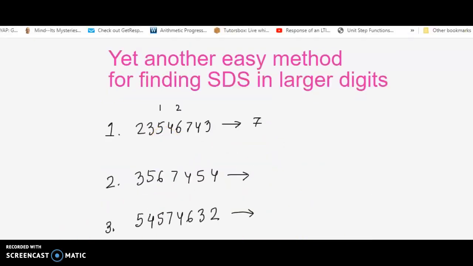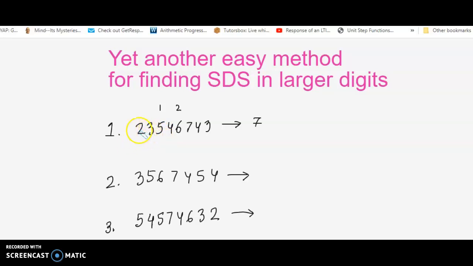There is one more easy method to find the single digit sum, SDS, for larger numbers. Suppose we have the number 2, 3, 5, 4, 6, 7, 4, 3, and we have to find its single digit sum. You keep on adding in sequence: 2, 3, 5, 5, 10, and as soon as you exceed 9, you subtract 9.